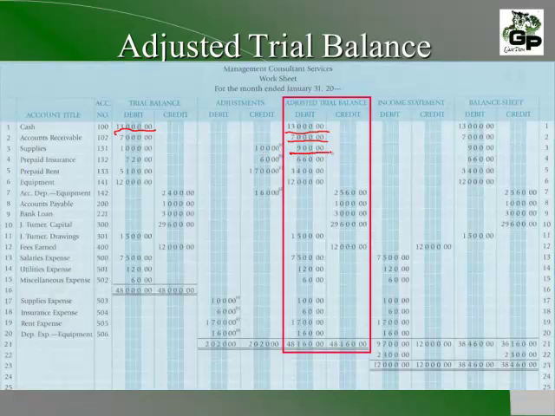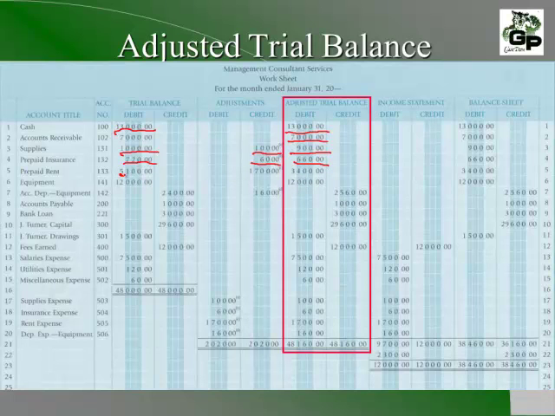That leaves $900 in our adjusted trial balance. So what we've done is we've taken the debit of 1,000 and the credit of 100, found the difference, and that's $900. In this next example, we have prepaid insurance, which was 720. That was debit, and now we have a credit of 60. So that reduces our adjusted trial balance to $660.